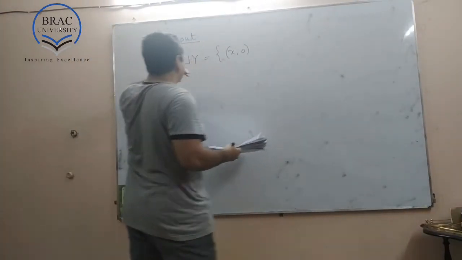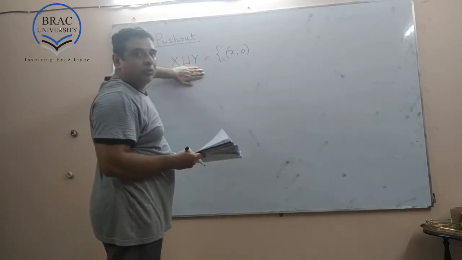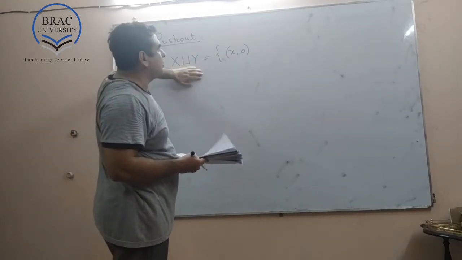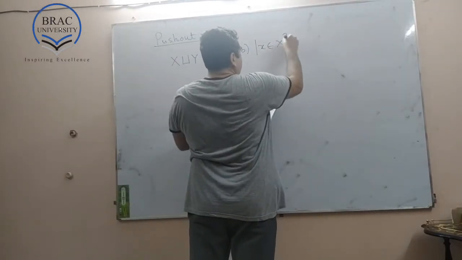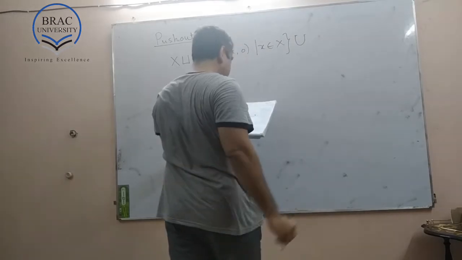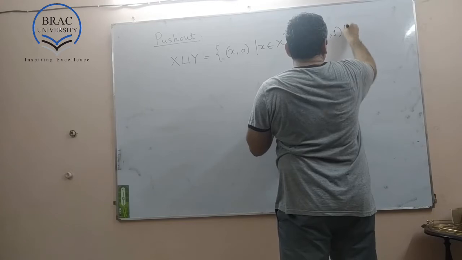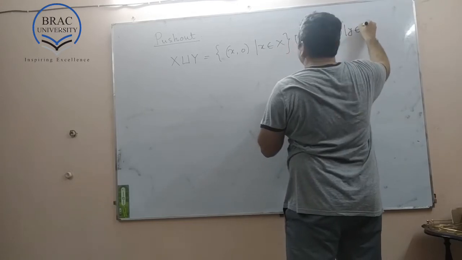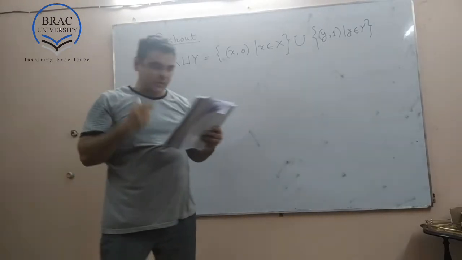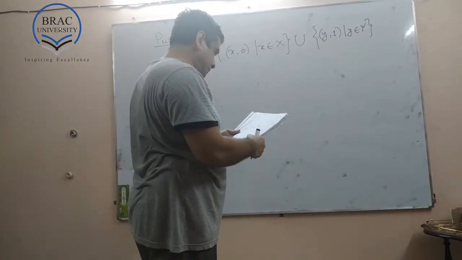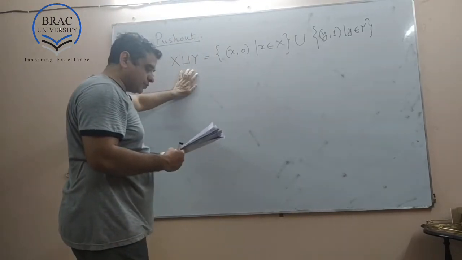So the elements in the whole disjoint union of these 2 sets are x comma 0, where x belongs to X, and the standard union of y comma 1, where y belongs to the other set Y. Right. So this is the disjoint union of these 2 sets.